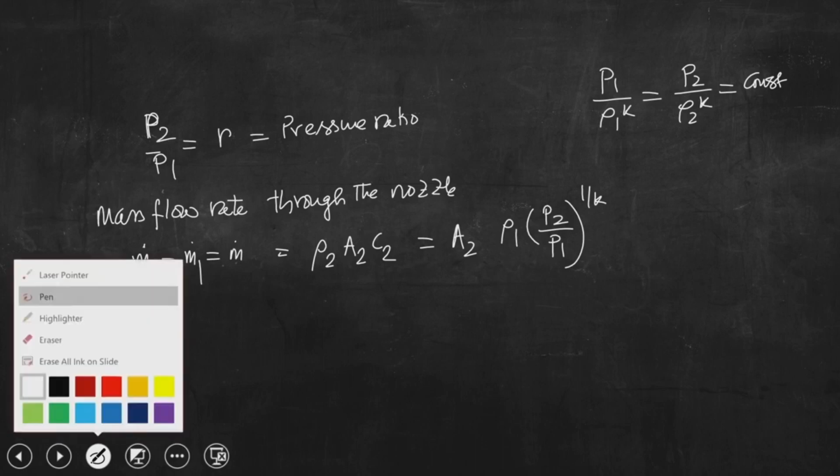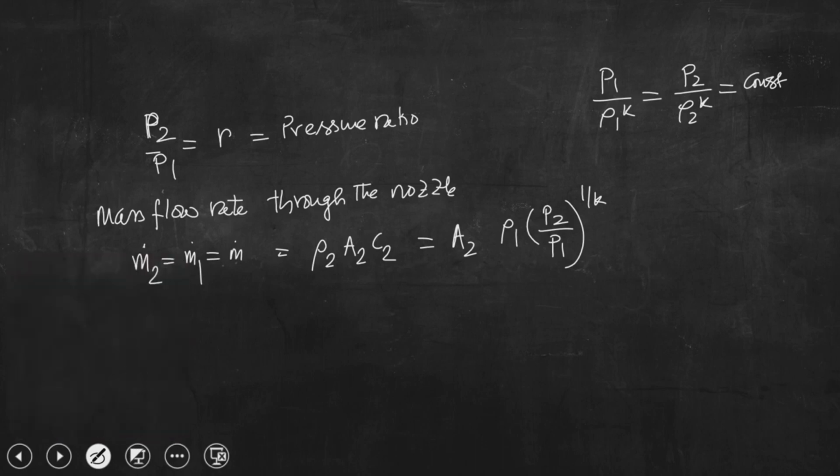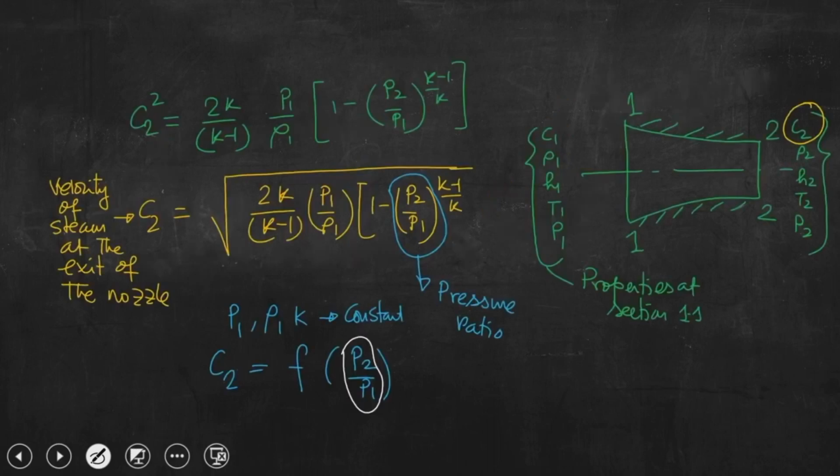So, basically we are writing rho 2, that we are getting from this expression, and that should be multiplied by C2, the expression of C2 that we have already derived in the last slide. So, if we write the expression of C2, what will we get?